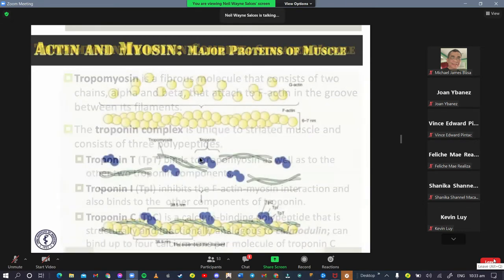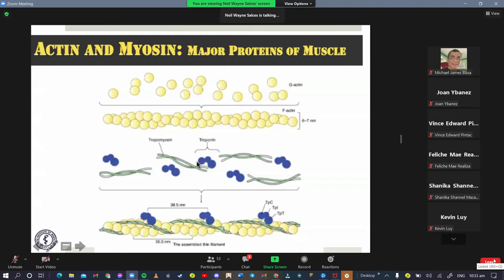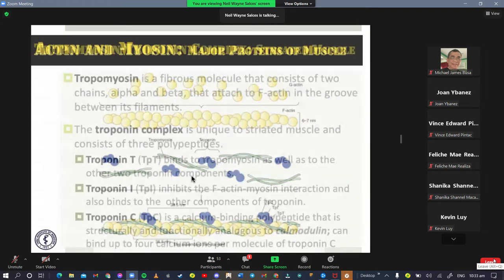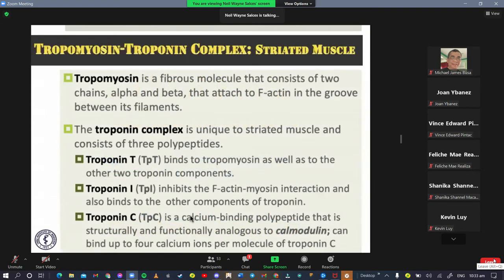What binds the three troponin components is your troponin T, which also binds your tropomyosin. On the other hand, your troponin I inhibits your F-actin myosin interaction, which will be discussed later, and this also binds to the other components of the troponin.